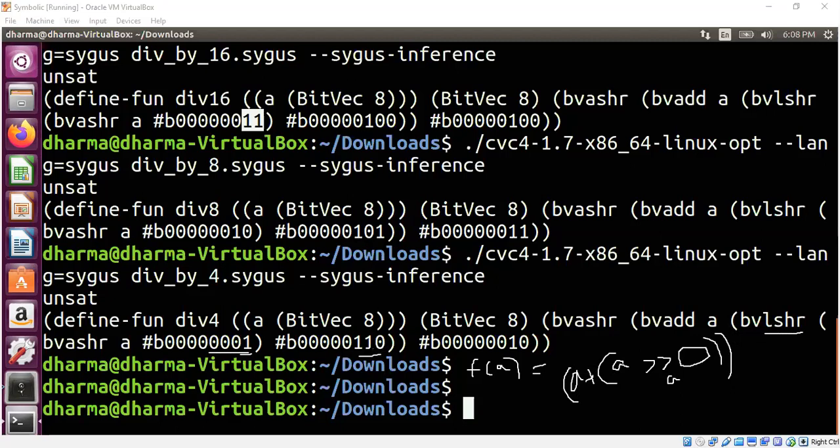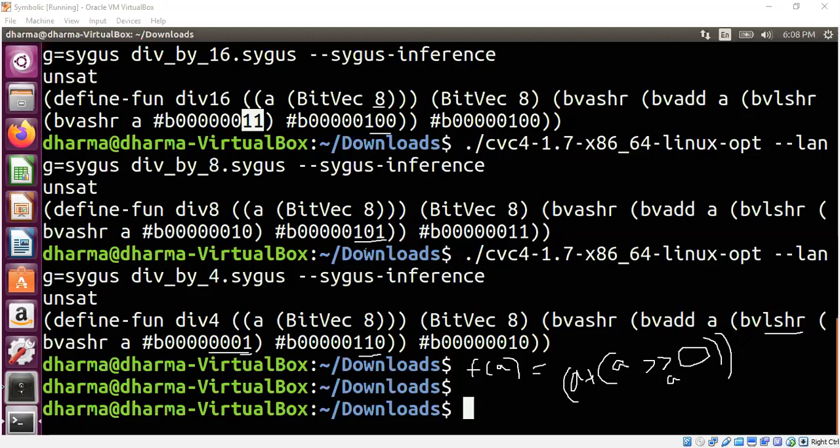Here, when we divide by 4, we do 6, and when we divide by 8, we do 5. So this constant is another number that we need to plug in properly.